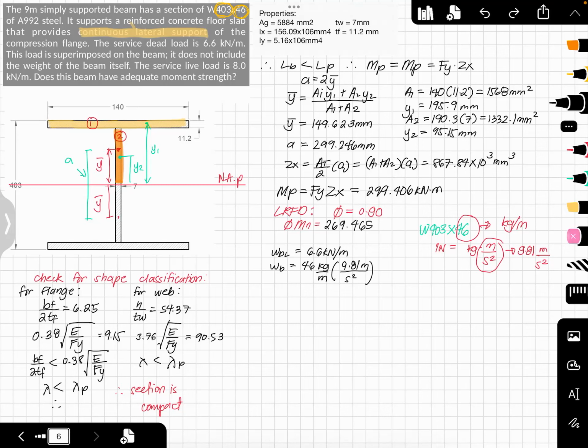Kilogram meter per second squared is equal to Newton, so the answer will be Newton per meter.